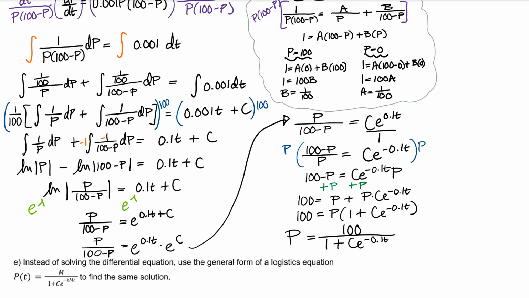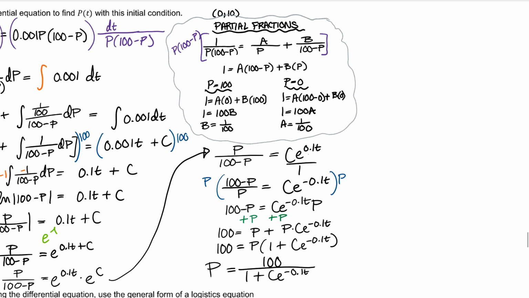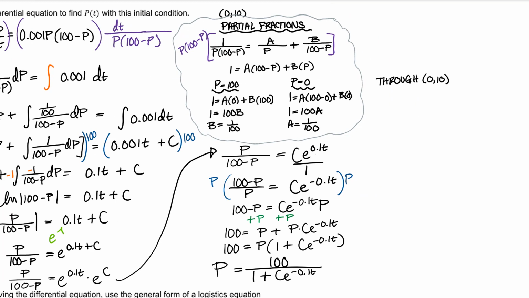Oh my goodness, we got a general solution, and now we're going to solve for our particular solution, the one that goes through (0, 10). Plug in 10 for p, 0 for t, and solve for c.